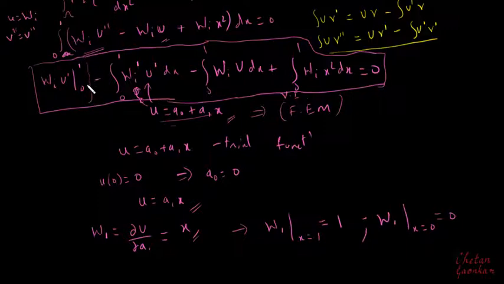After integrating by parts, the first term will always have the boundary terms, and that is why this becomes an extra step: to check the value of this weighting function at the boundaries, at x equal to 1 and at x equal to 0, or whatever the boundary is in the given problem. So this w1 at x equal to 1 becomes 1, and this weighting function at x equal to 0 becomes 0. Now let us see what happens to u.